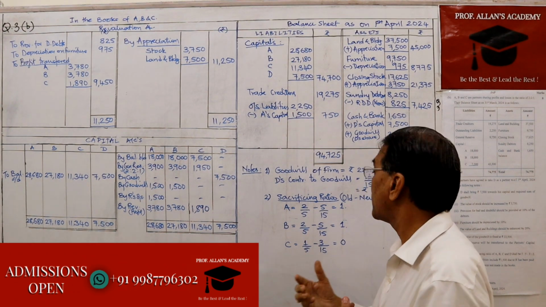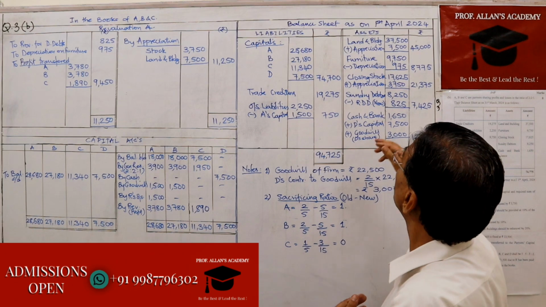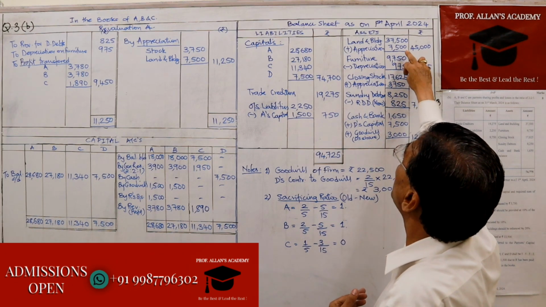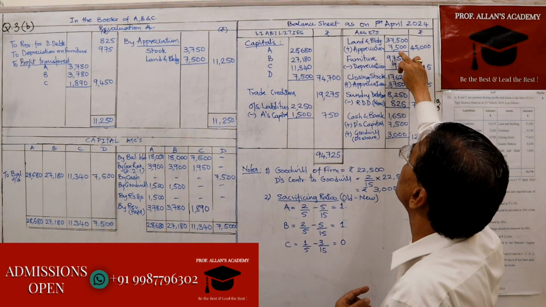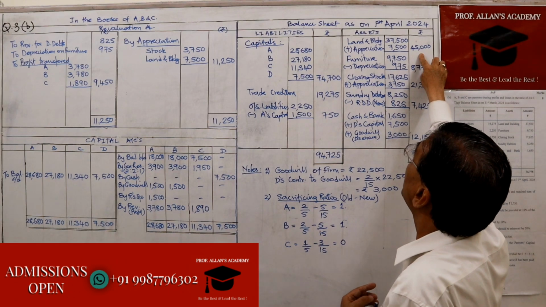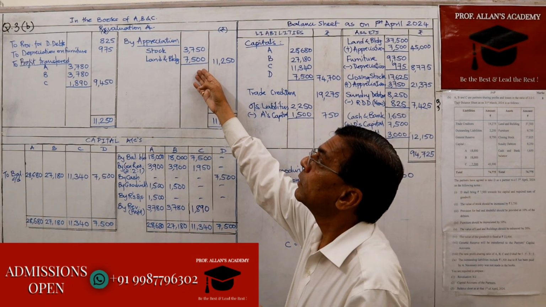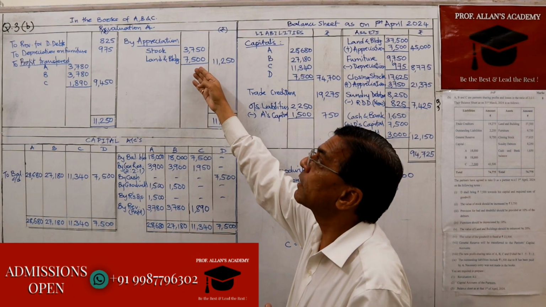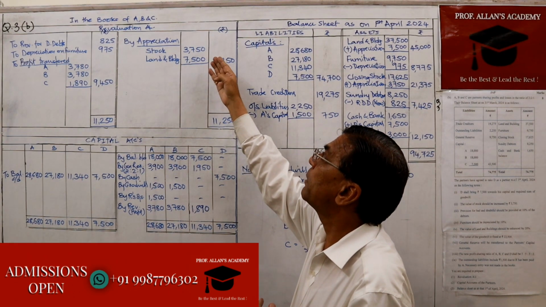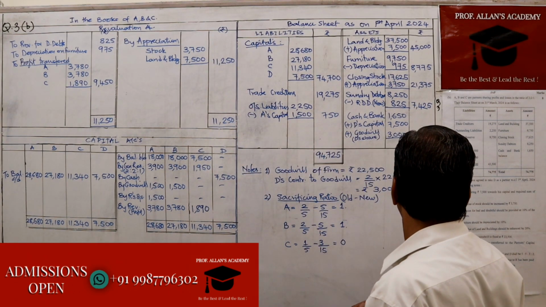Enhanced means appreciated by 20%, which works out to 7,500. So the total value of land and building is 45,000. Now your asset has increased. Therefore, it will be an appreciation, credit of revaluation, land and building 7,500.